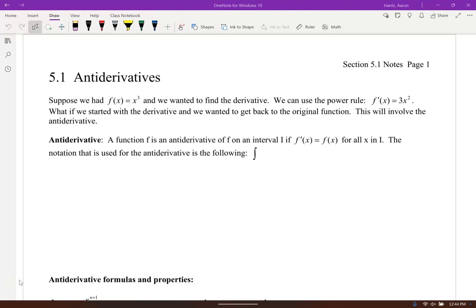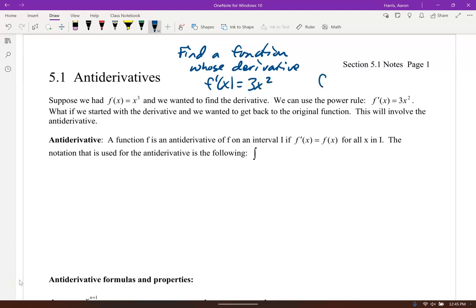So let's talk for a minute. Let's say they ask us to find a function whose derivative is 3x squared. And hopefully you would say, what would the original function be then? X cubed. Good.